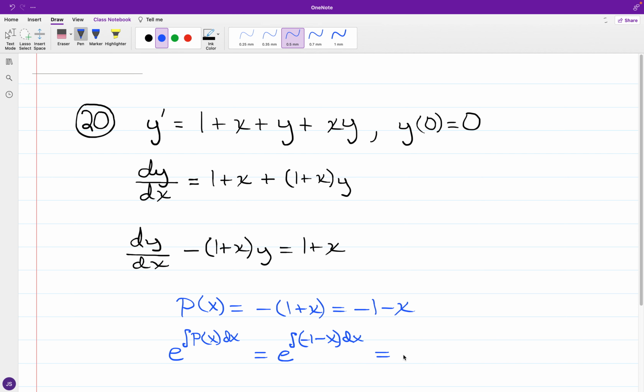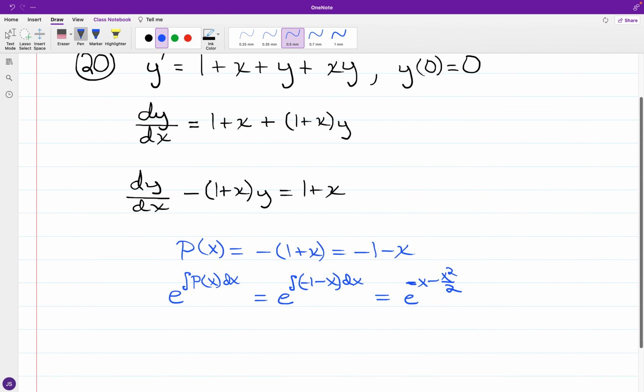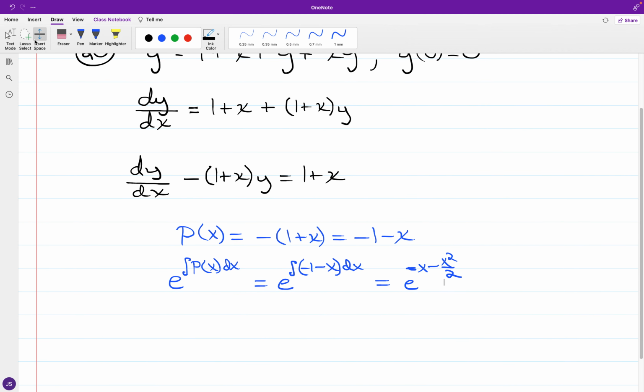And so we will have e to the negative x minus 1/2 of x squared. Again, this is going to be our integrating factor.